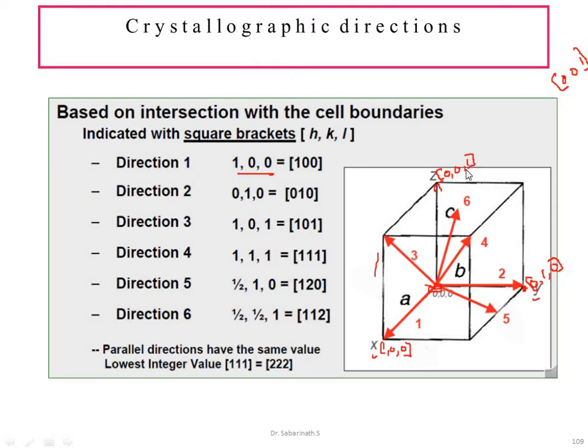And now let us move to the next direction, that is direction number 3. In direction number 3 we can see that the value is 1 0 1. Here you can see the value 1 is for the x-axis, it comes here, and for the y-axis there is no change, so it will be 0. And for the z-axis the value is 1, so one will be here and another one will be here.